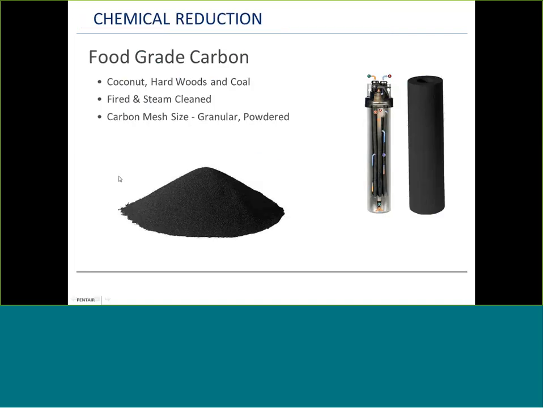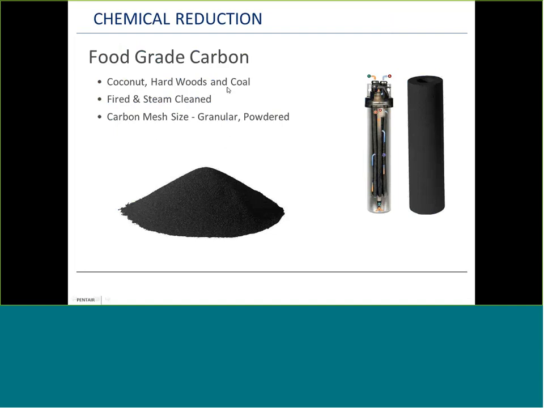Well, chemical reduction is undertaken in food service applications for the most part via activated carbon, food-grade carbon, and it's manufactured from coconut shells, hardwoods, and coal.